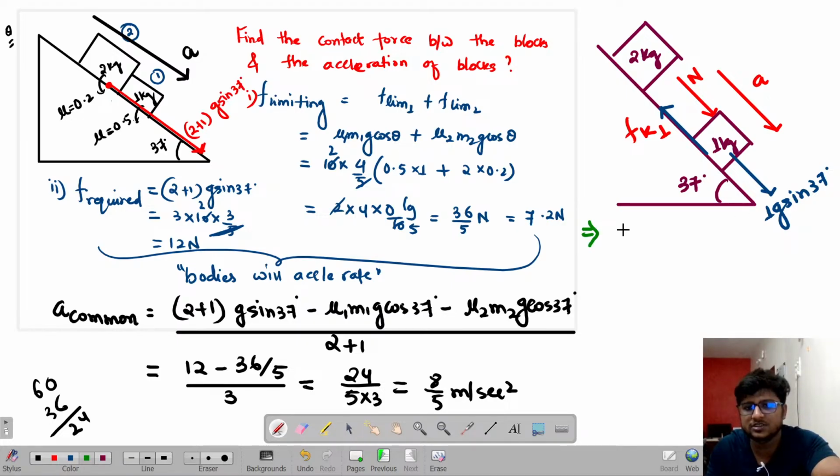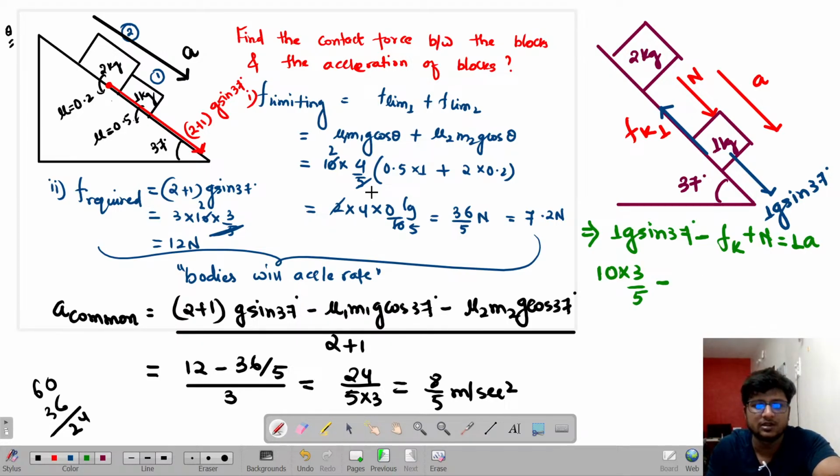Simple. Pulling force 1g sine 37 minus kinetic friction force plus normal N is equal to 1 into acceleration. If you put this, you can get the normal or not. So what is this? 10 into 3 by 5 minus kinetic friction of first block. We have calculated mu1 m1 g cos theta. I'll again write it.